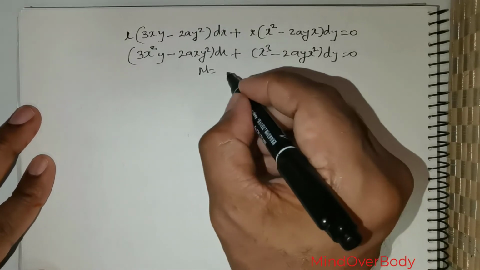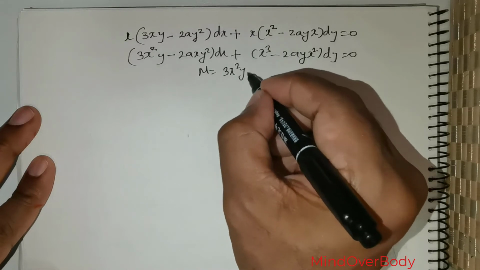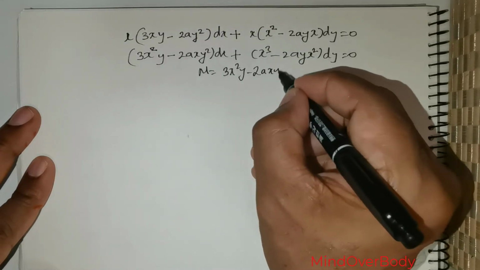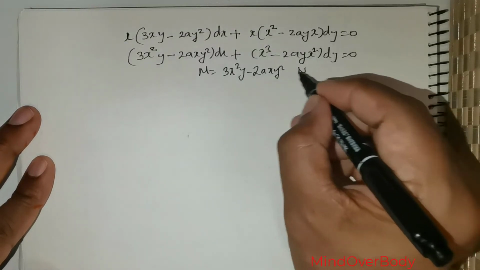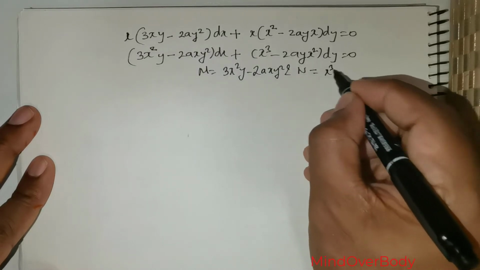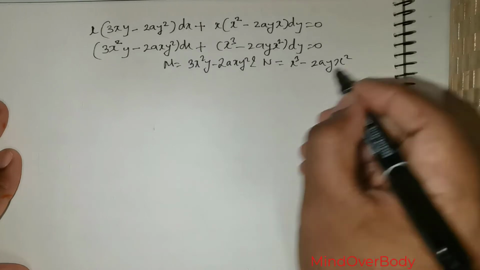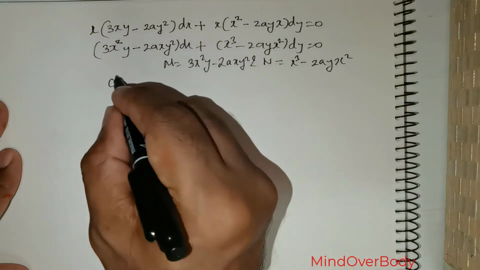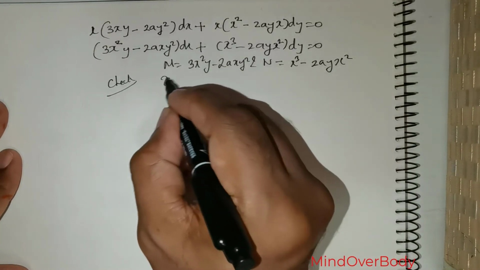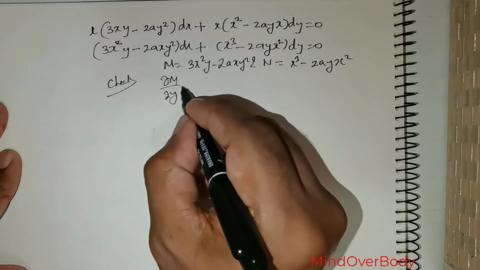Now from here I get M is equal to 3x squared y minus 2axy squared, and my N is x to the power of 3 minus 2ayx squared. So now I need to make the check. Okay, so find dou M over dou y.